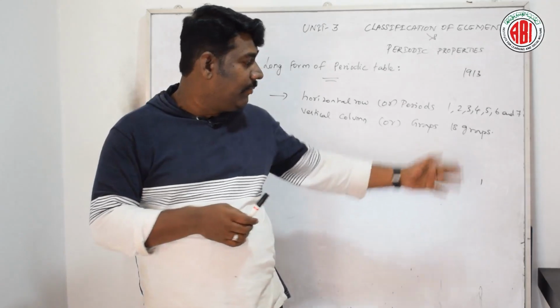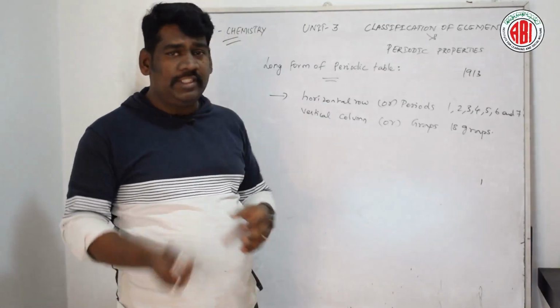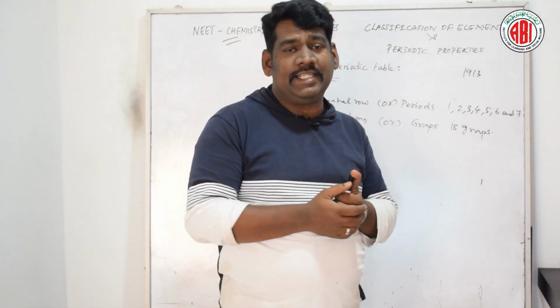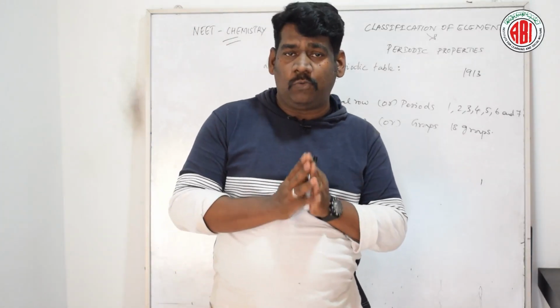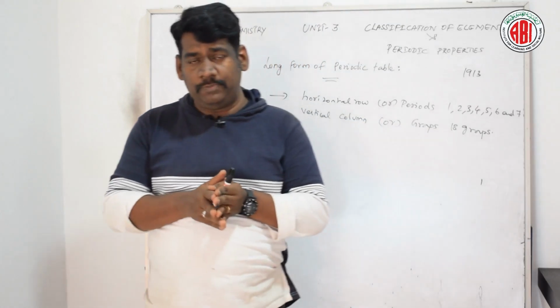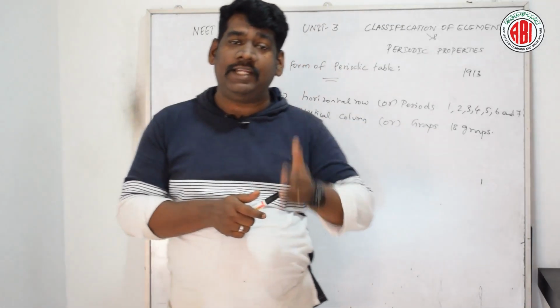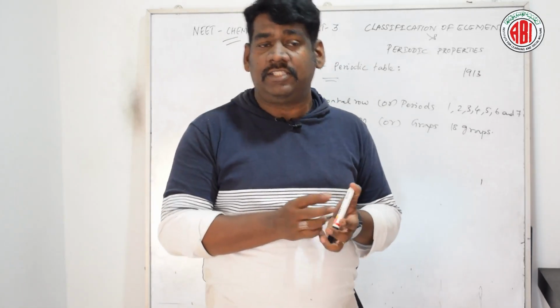And when we talk about these groups, in the earlier system, the groups were designated as 1A, 1B, 2A, 2B, up to 8A and 8B, or zero group.